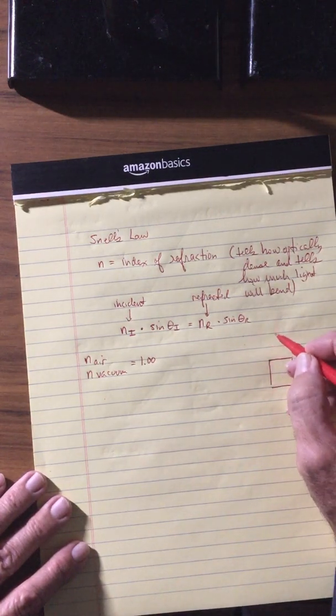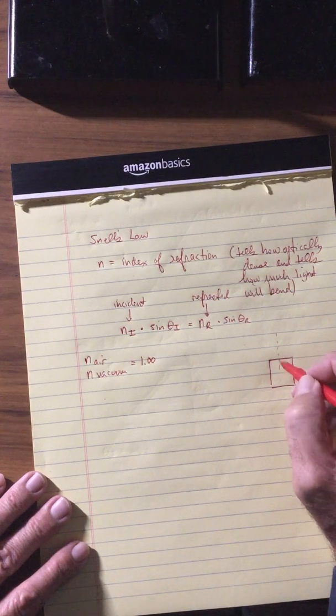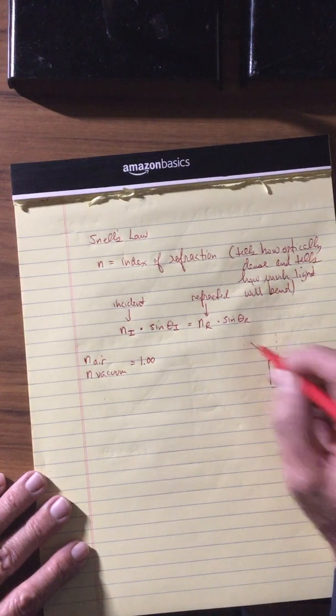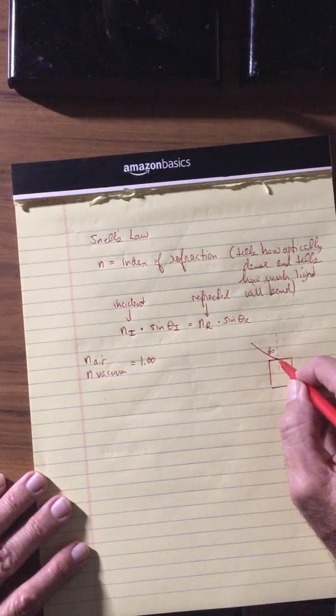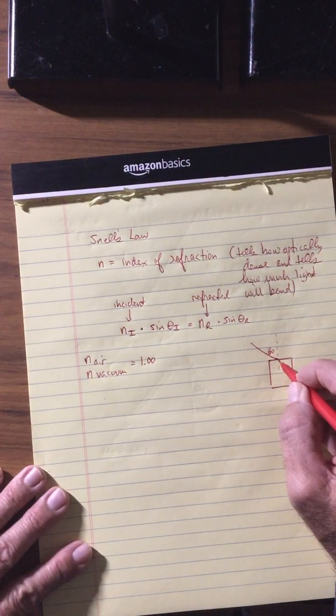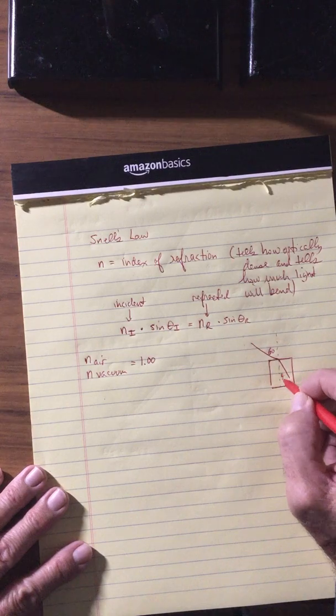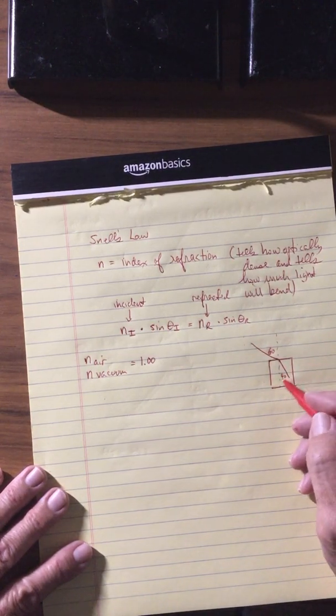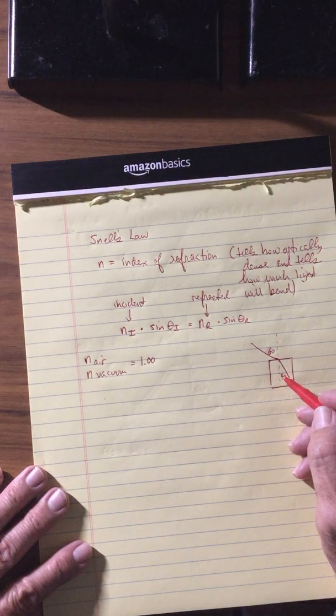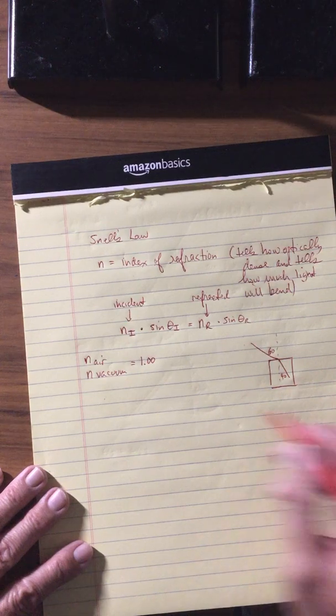So 60 degrees is coming in like this, and it's going to be refracted at 40. In this case, it's going to be optically denser, so because we have a lower angle, it's going to be bending toward the normal.